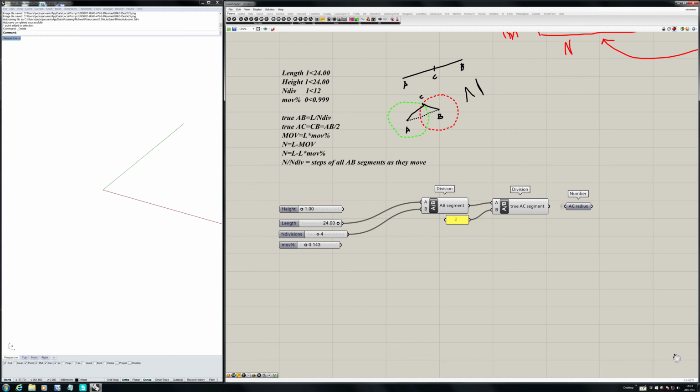Now let us find out about this. So if I multiply the length by this percentage, I'm going to get my move.